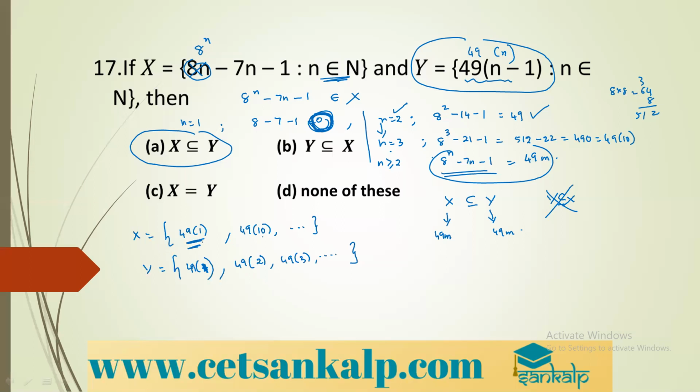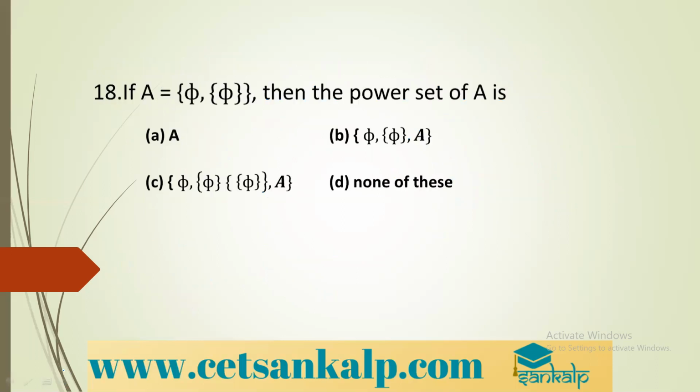Only 49 into 1, 49 into 10, like that some other numbers, but not all. 49 into 1, 49 into 2, 49 into 3, like that you don't have all. That's why I cannot say all the elements of Y are present in X. Y is not a subset of X, but X is a subset of Y. So that is why we are going to A: X is a subset of Y.